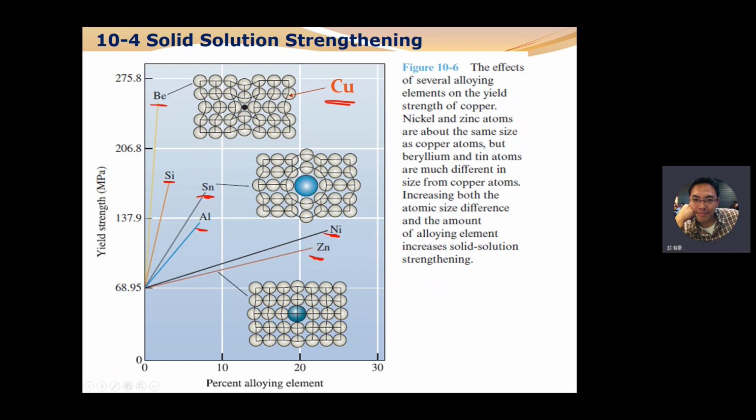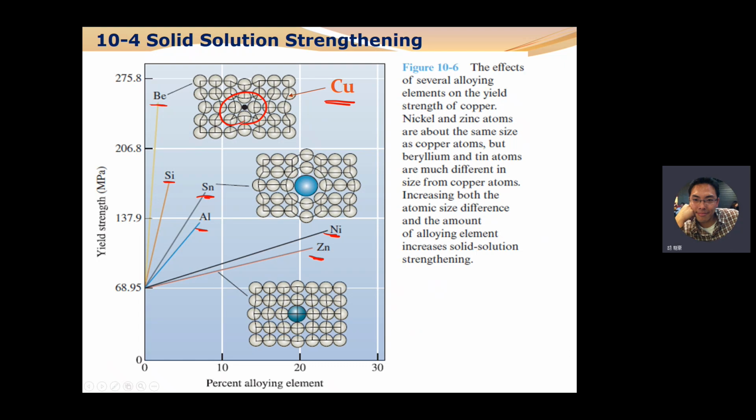So when you look at this figure, you can realize why a large difference in atomic radius can improve the material strength. You can see the lattice distortion in this region.